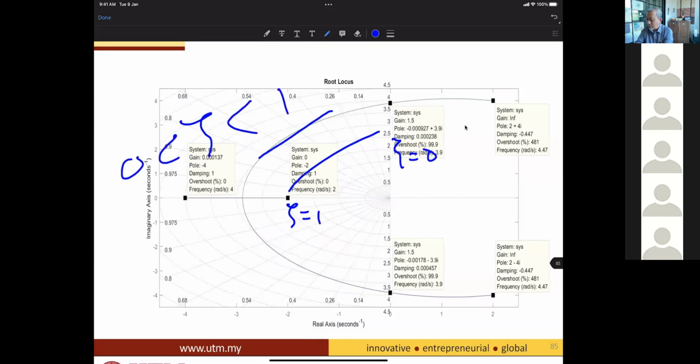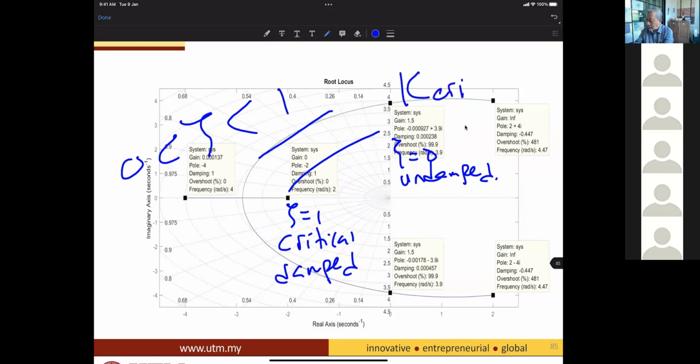Zeta equal to 1 kita panggil dia critical damp. Sini zeta 0, kita panggil dia undamp. But sini juga kita panggil dia critical gain. Tak sama. Critical gain and critical damp are two different things.